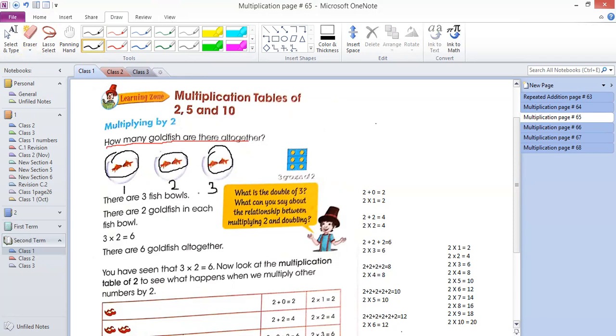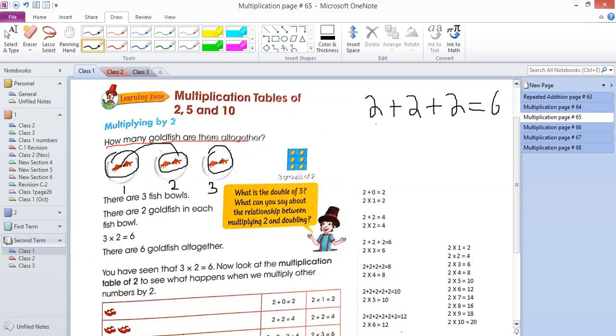And on each bowl there are 2 fishes. If I ask you how many total fishes are there, you can say that there are 6 goldfishes, because 2 plus 2, 4, and plus 2, 6.